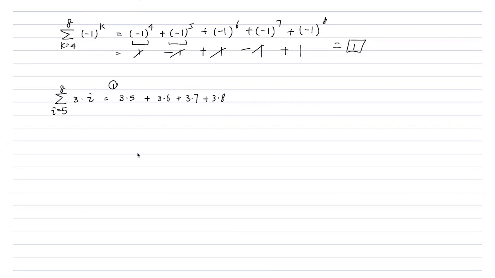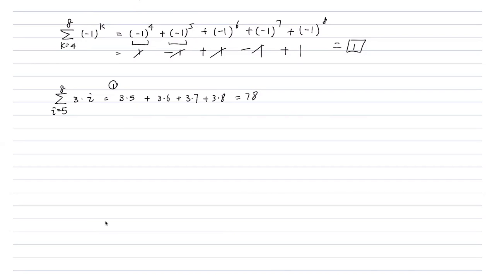This is one of your options. Using a calculator really quick, that will be 15 plus 18 plus 21 plus 24. So this one right here gave us 78. All right, so that's one option.